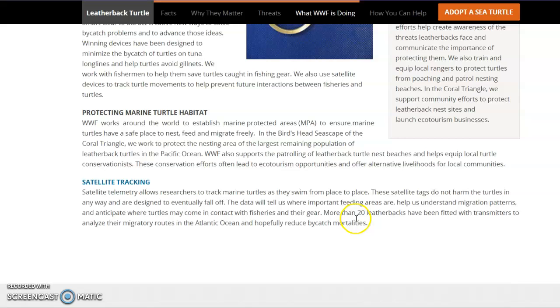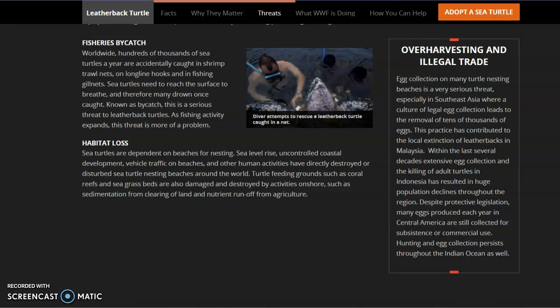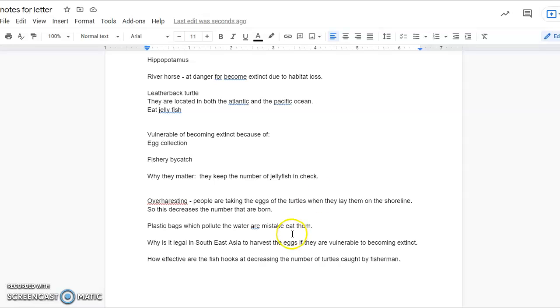So I'm wondering, why have only 20 leatherbacks been tagged? Why haven't we tagged more turtles for tracking?